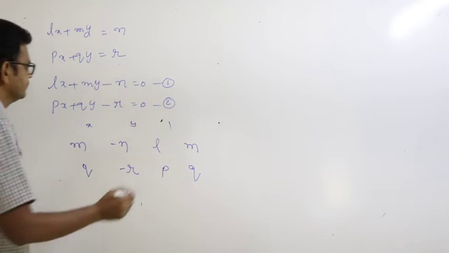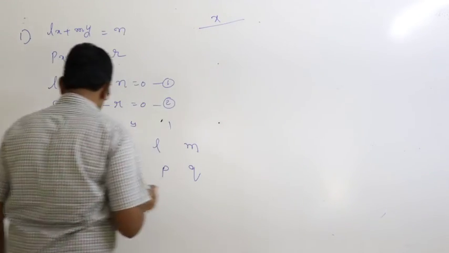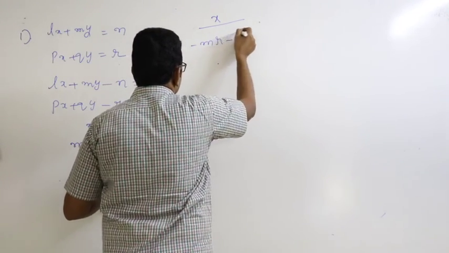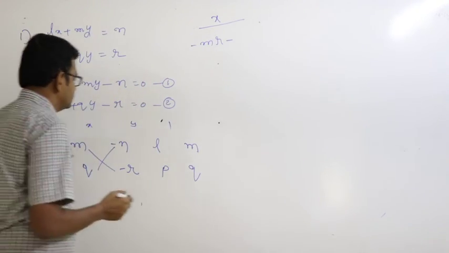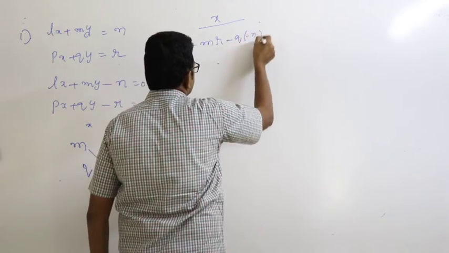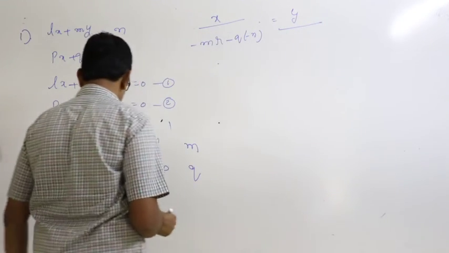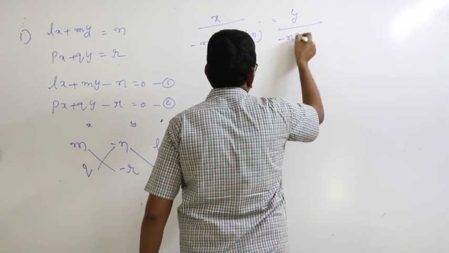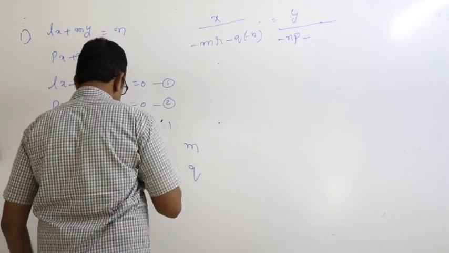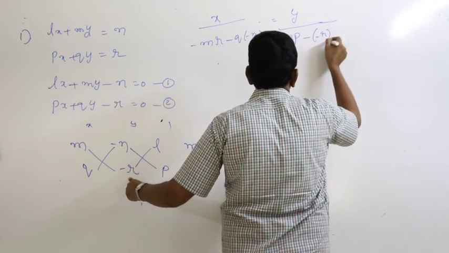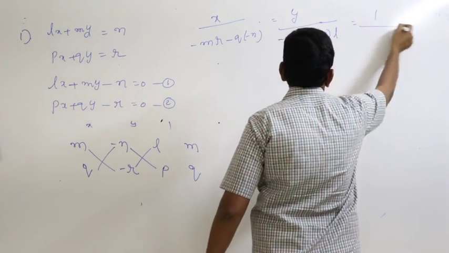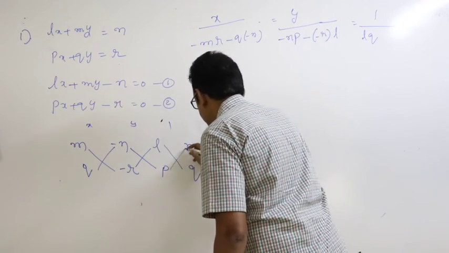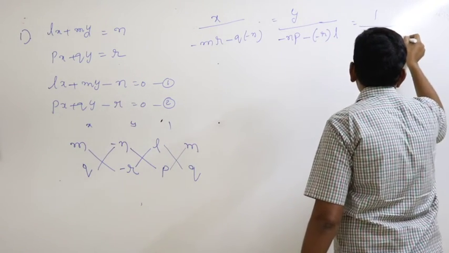X by the product of these two, m into minus r, that is minus mr, minus the product of these two, q into minus n, is equal to y by the product of these two, minus n into p, and put minus the product of these two, that is minus r into l, is equal to 1 by the product of these two, lq, minus the product of these two, pm.